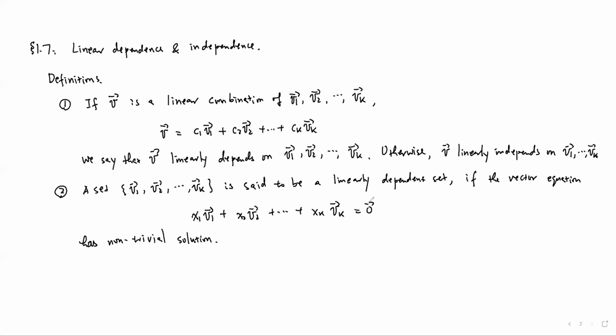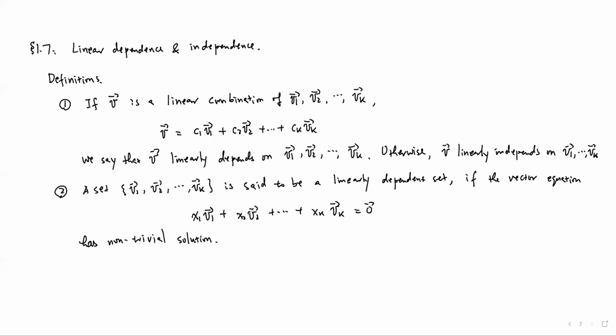Because the right side is 0, this equation always has at least one solution, say 0, 0, 0, 0, but we call that the trivial solution. If this vector equation has a non-zero solution, then we say the set is a dependent set.